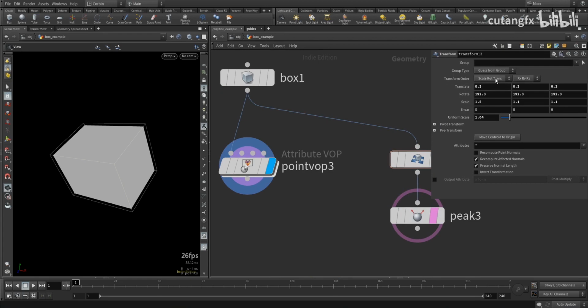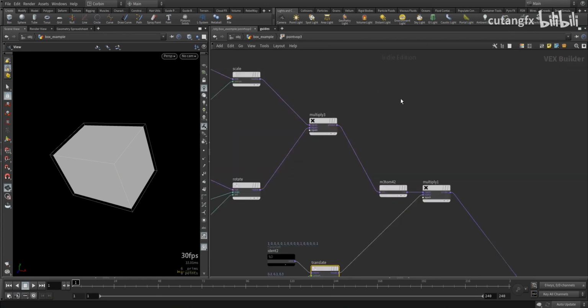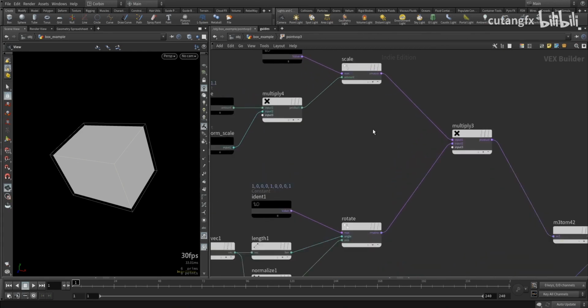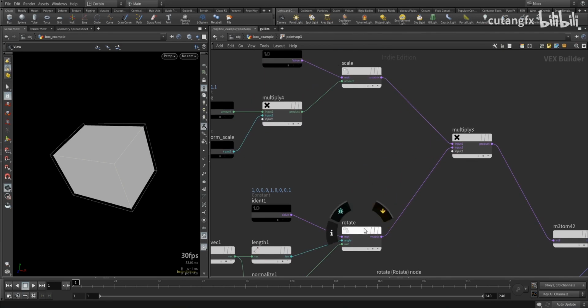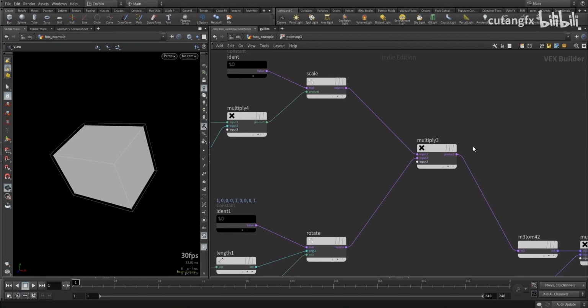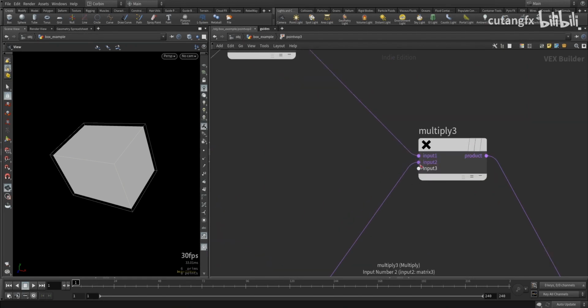Scale, rotate, translate. That order is important. And as I said before, to add things together, if they are matrices, we multiply. So, scale, rotate, translate. We take scale multiplied by rotate. This order is important. If we reverse this, it changes.